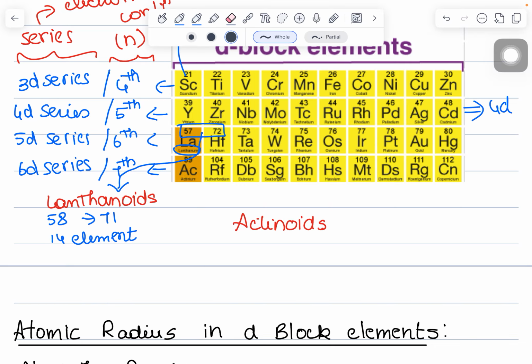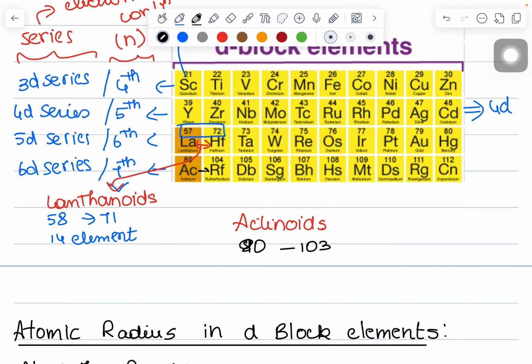Similarly, from atomic number 90 to 103, 14 elements are kept aside and they are named actinoids, because they come after actinium. These lanthanoids and actinoids are together clubbed and called the f block elements.